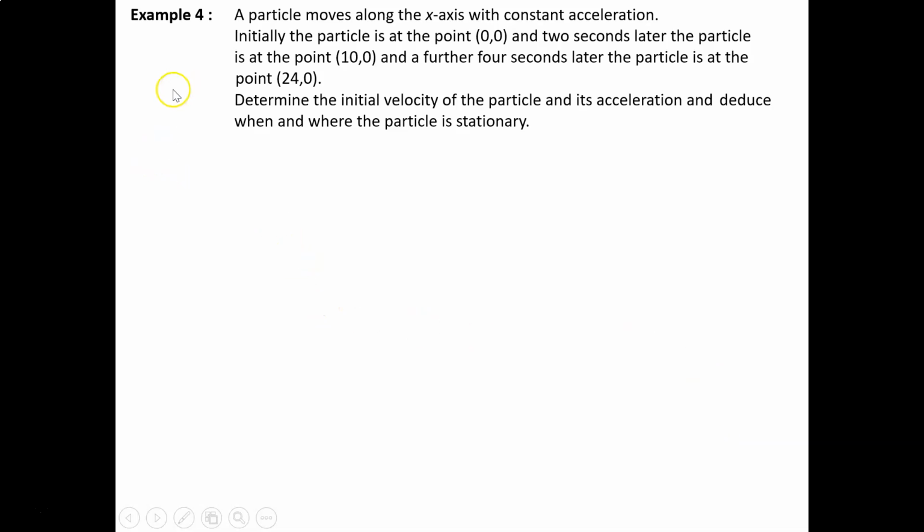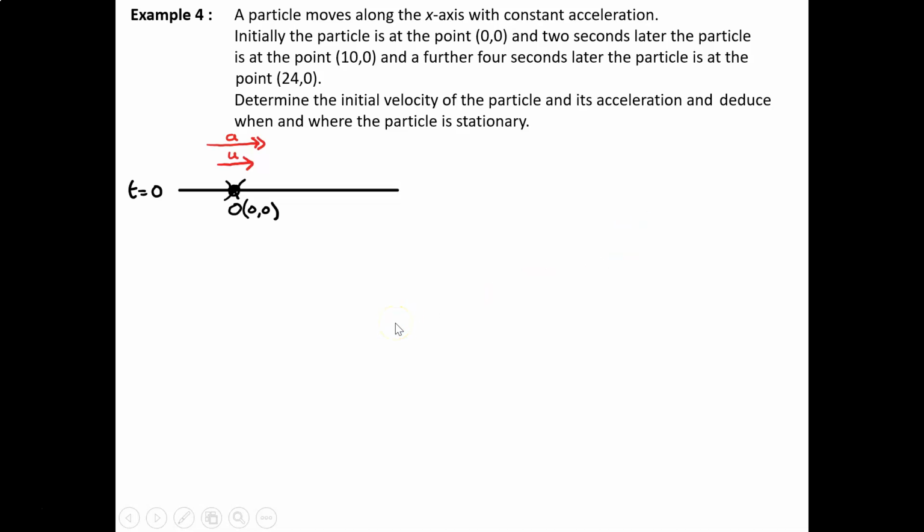Example 4. A particle moves along the x-axis with constant acceleration. Initially, the particle is at the point 0, 0, and 2 seconds later, the particle is at the point 10, 0. A further 4 seconds later, the particle is at the point 24, 0. Determine the initial velocity of the particle and its acceleration and deduce when and where the particle is stationary.